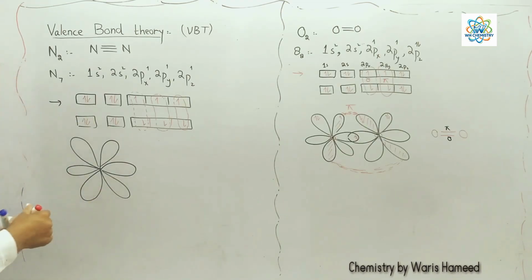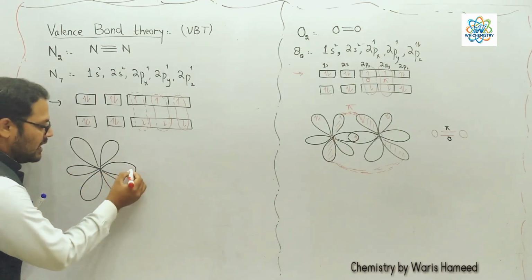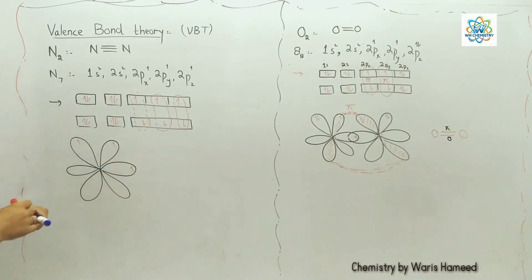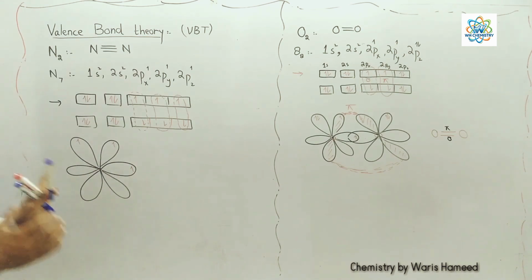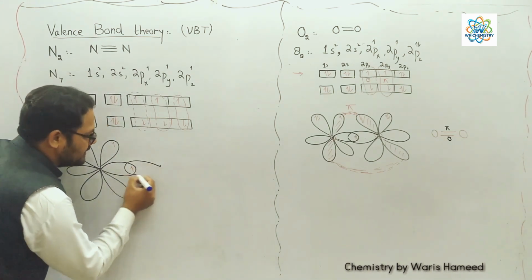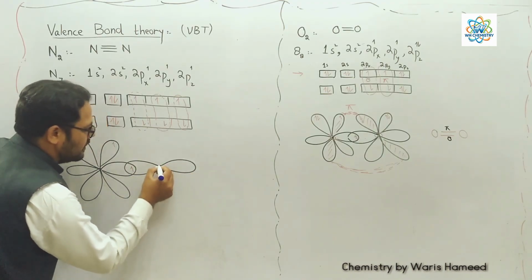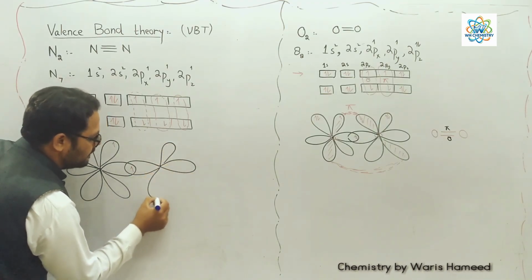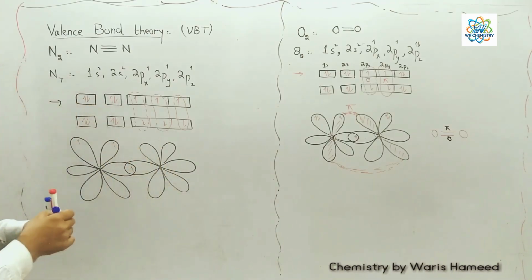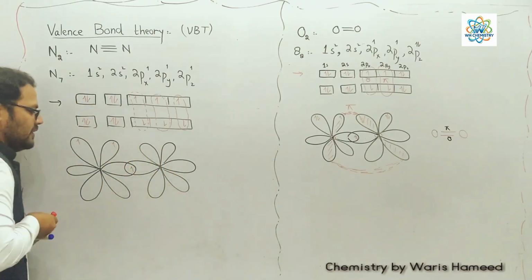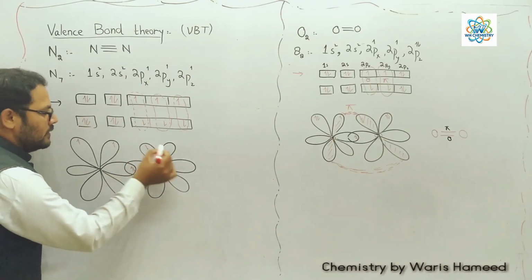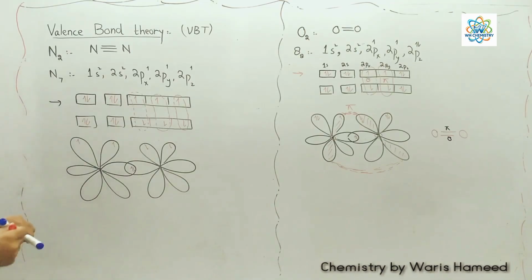Now putting electrons in these orbitals, here is 1 electron, and 1 electron. The second nitrogen atom also has the same shape. Here is px, py, and pz. Now putting electrons in these orbitals, 1 electron, 1 and 1 electron.